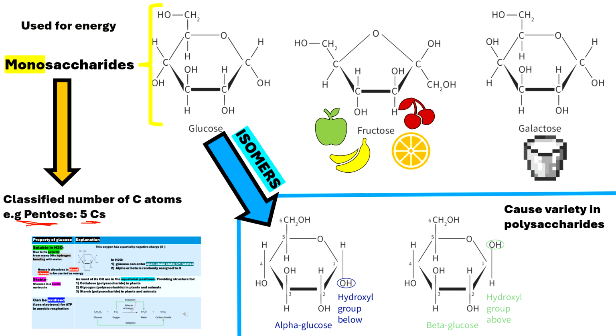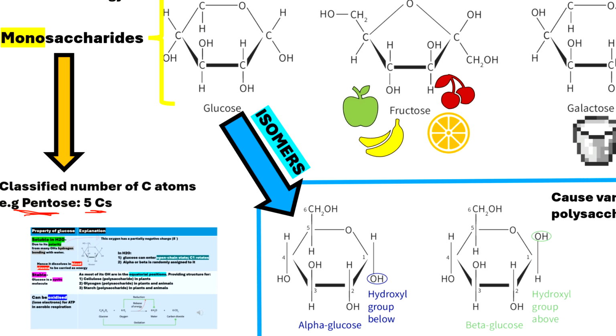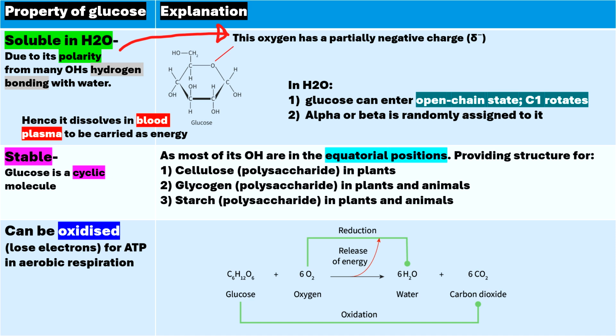Let's have a look at the properties of glucose. First property, glucose can dissolve in H2O, in water. It is soluble in water. Why? This is due to its polarity. If you haven't seen my video on water, I believe it's A1.1.